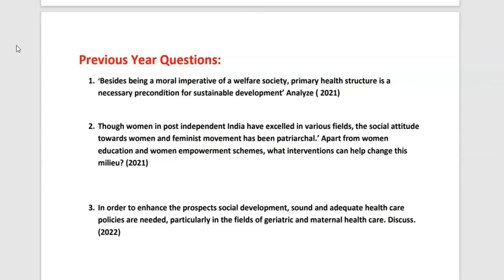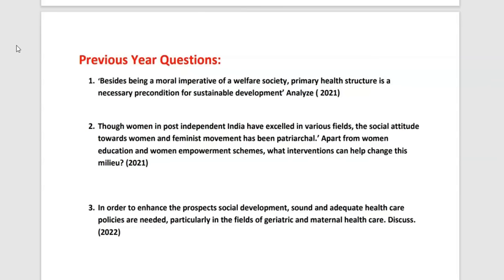Here we can use the data of MMR, maternal mortality ratio, as an example to cite that due to positive development in primary healthcare, the recent MMR has declined, and the welfare of a society is directly related to the well-being of women and their empowerment in every sense. So by incorporating this point and its data, we can have an edge in our answer.